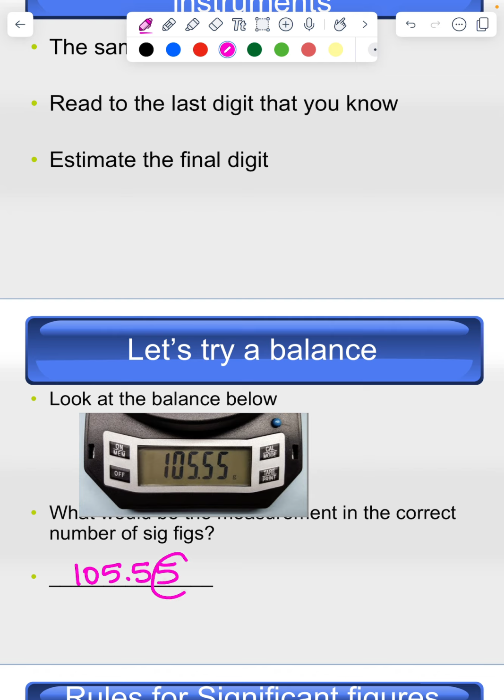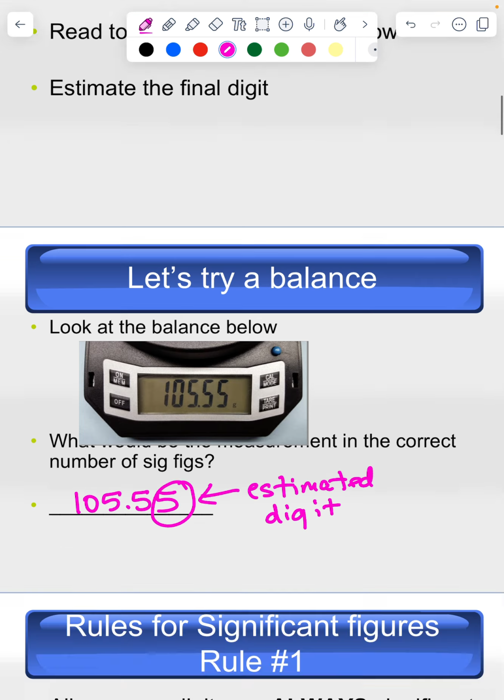A balance actually has that unknown or estimated digit built into it. You do not have to add it to the end of it. It's that last digit that's constantly changing when you put something on a balance, and that's because it's the estimated digit.